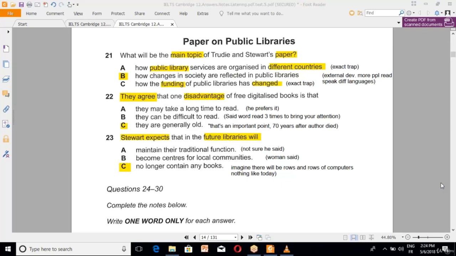I've gone through it a couple of times now, and the strategy is the same. It's recognizing question language, matching it to an answer, picking a synonym. Okay, it's that same thing over and over and over again. All right, if no questions, then I'll move down to the next answers. Those first answers, 21 is B, 22 is C, 23 is C.